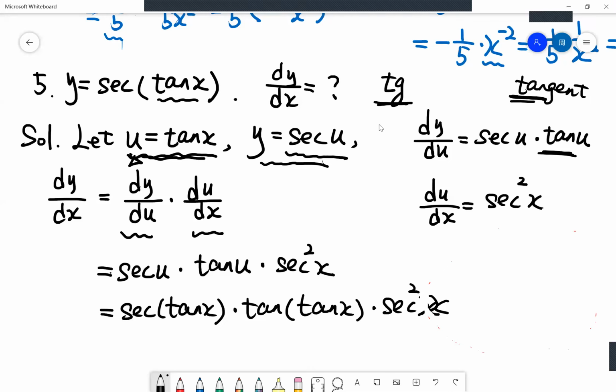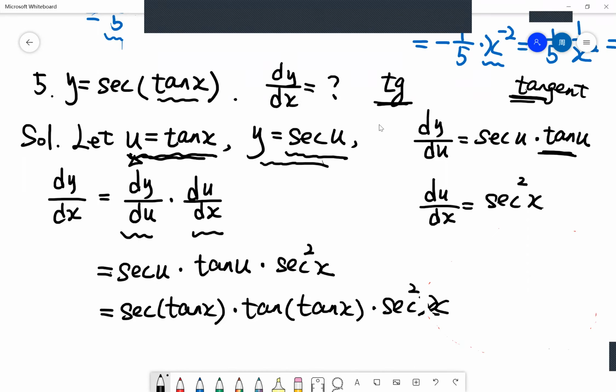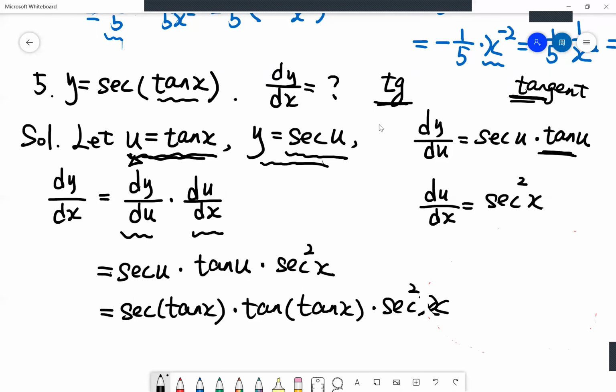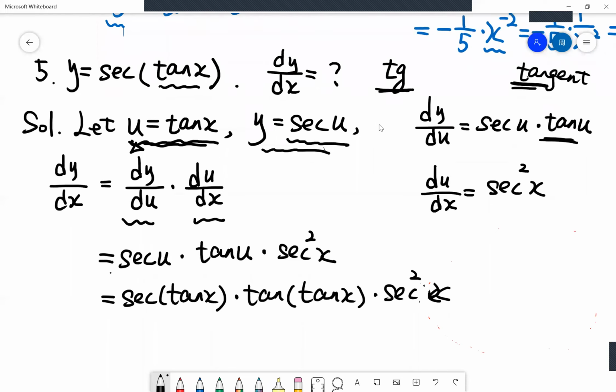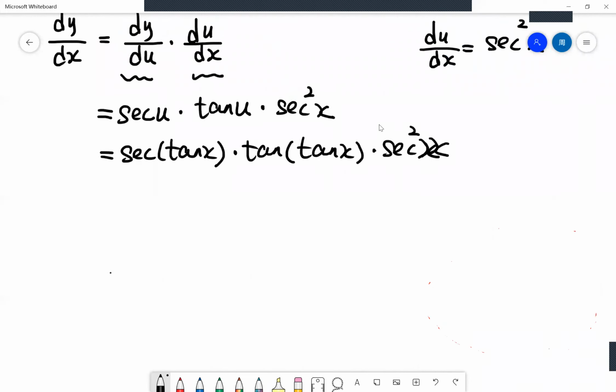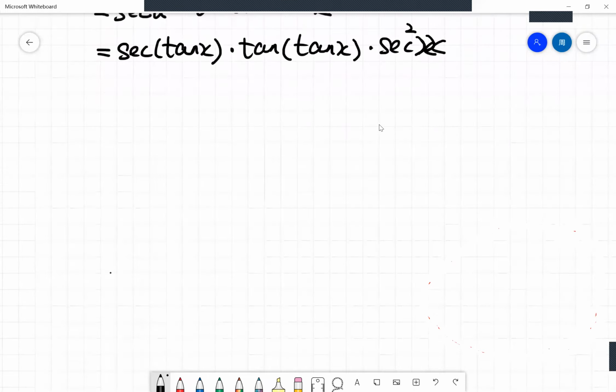No questions? Okay, so guys, you should remember the chain rule. The chain rule means calculating the derivative from the outside to the inside. So that is the chain rule, and we often use it during calculation.